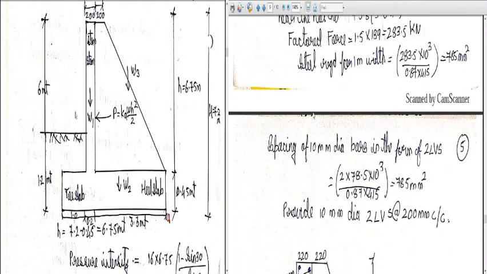So we have designed the stem, the toe slab, the heel slab, we have done the stability calculation, and we have designed the counterfort. All these things have been designed and provided with reinforcement. In the next class we shall see how the detailing is to be done. So this is for today. Thank you.